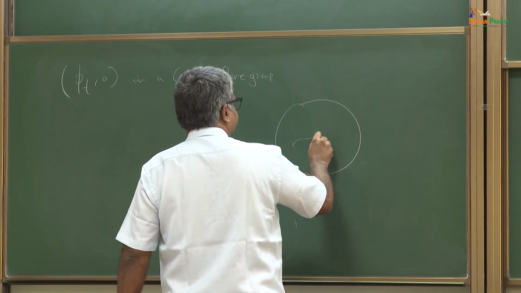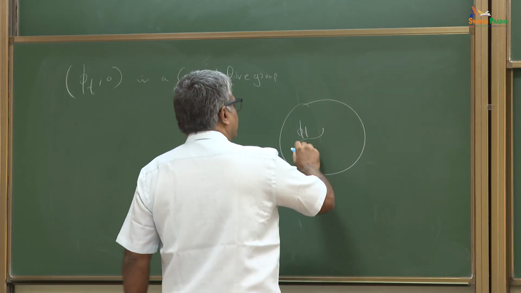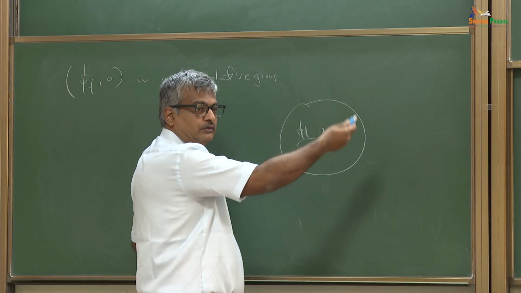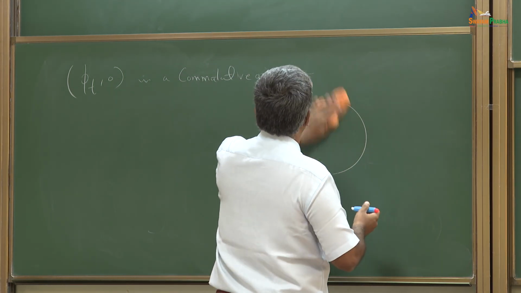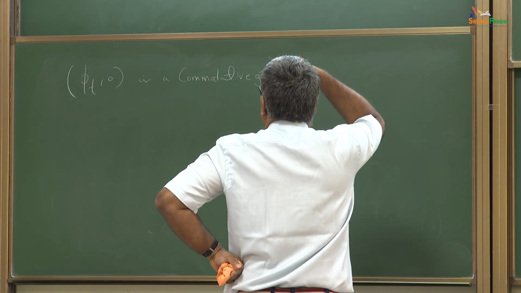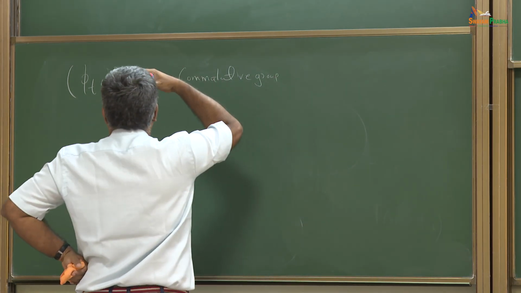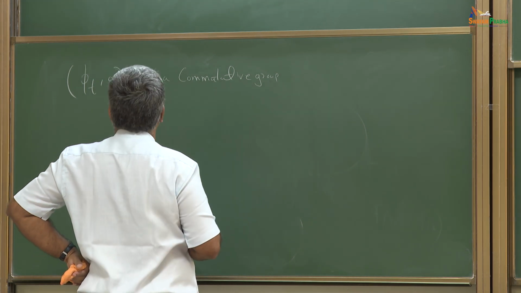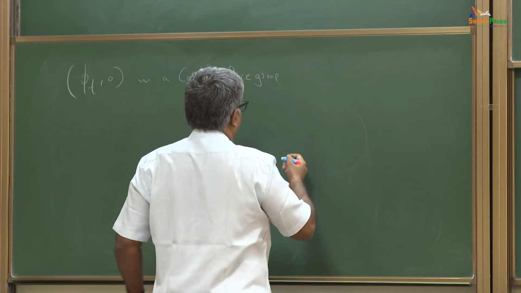You have a flow, you start from x, you will go to some point. Sorry, this is phi t. Yeah, this is a flow, this is not a trajectory.